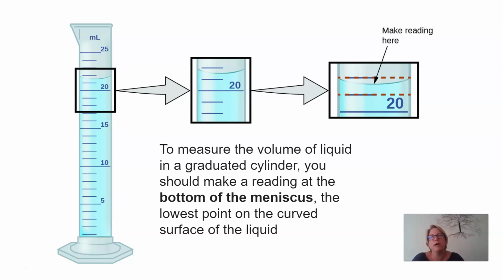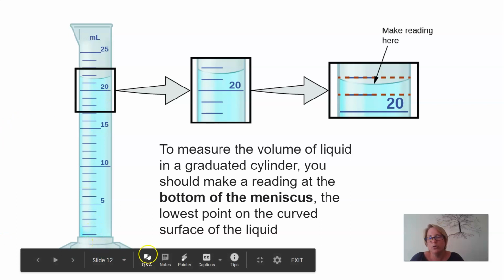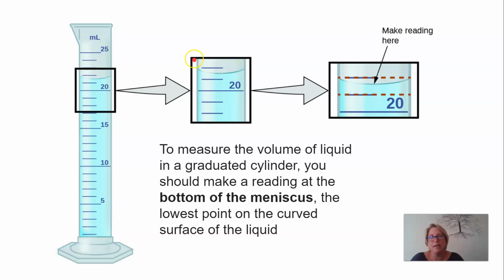So when you pour a liquid into a cylinder, you will notice that the liquid makes a bendy shape like this, and that's got to do with another whole lesson on surface tension and particles and how they combine. So when you pour the water in, the water makes a curved surface like that. And this surface layer of the water is known as the meniscus.